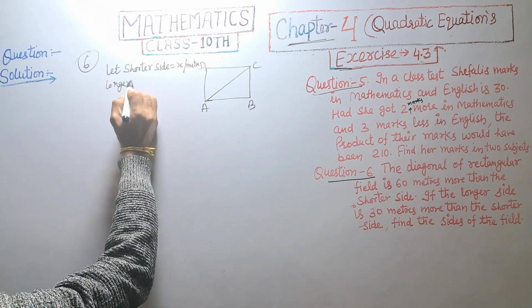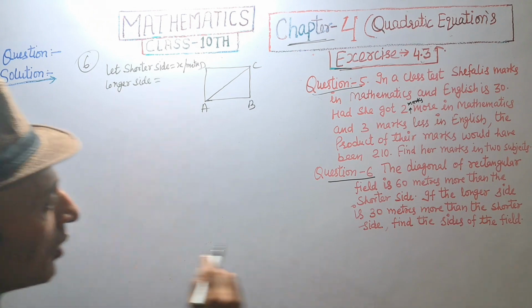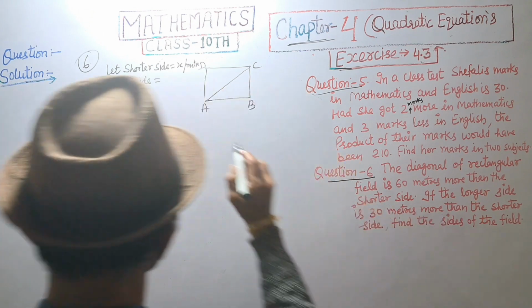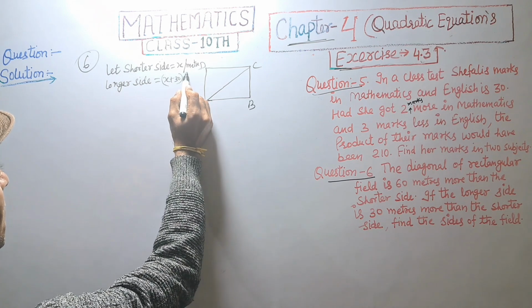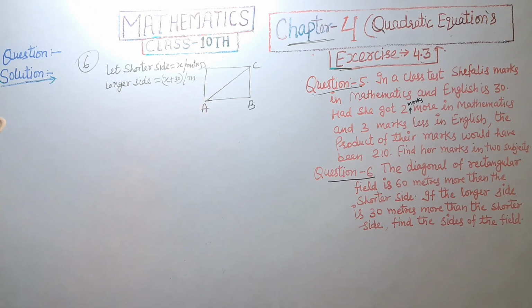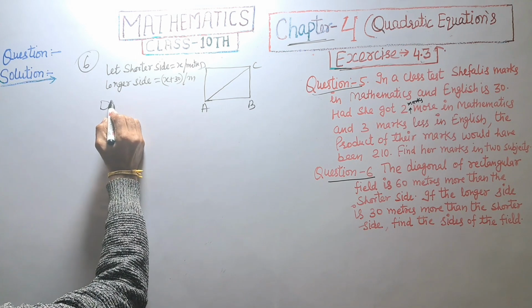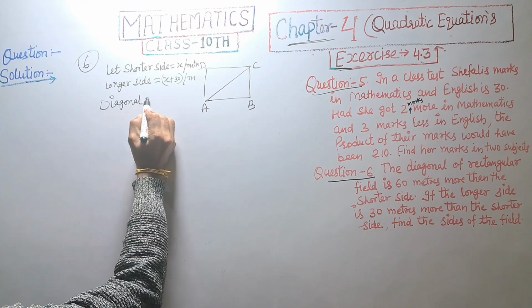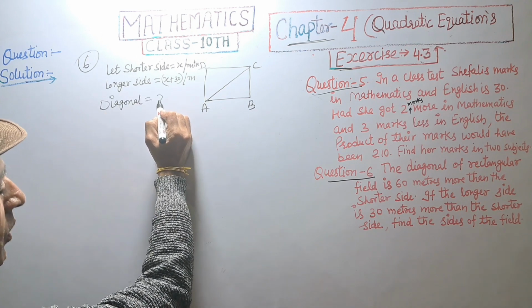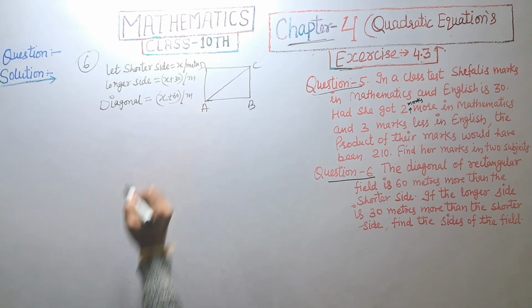Longer side is equal to 30 more than x, x plus 30 meter. Diagonal is equal to x plus 60 meter.